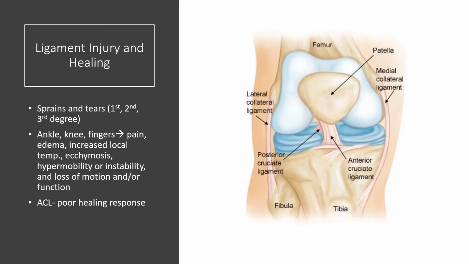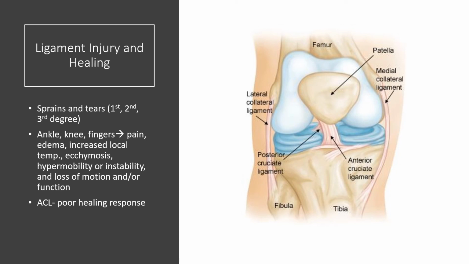Now, what happens when our ligaments are injured, and how do our ligaments heal themselves? So ligaments are susceptible to all types of injury. They're susceptible to sprains and tears. Tears could be first, second, and third degree tears, and I'm sure you'll cover that more in kinesiology and musculoskeletal.